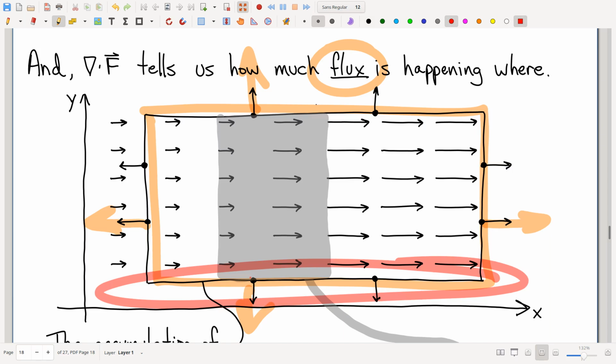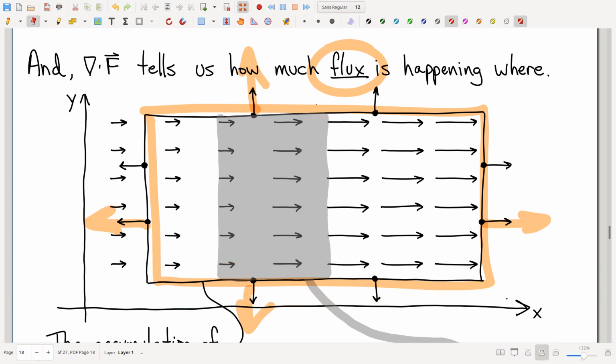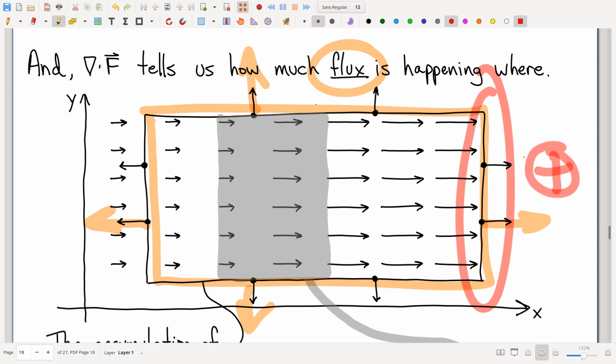What about the left and right? Well, across the right edge, the fluid is going that way. The normal vector through my edge is also that way. Same direction, positive dot product. I get positive flux through that edge.